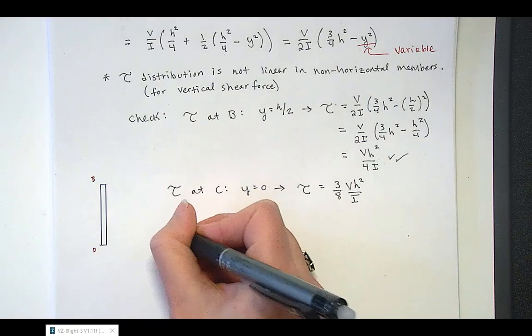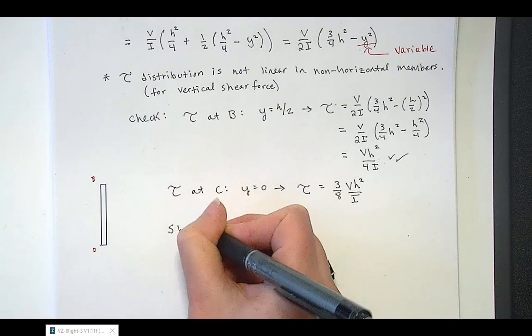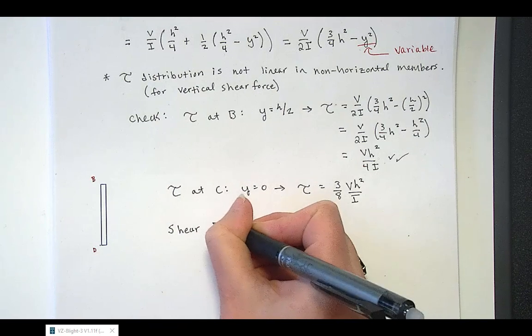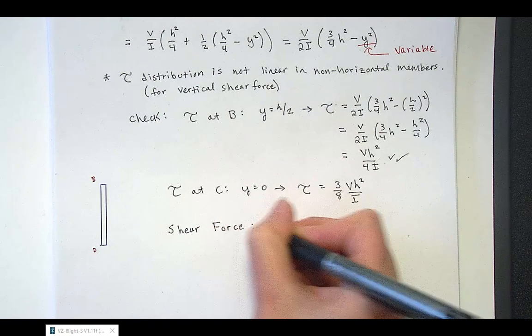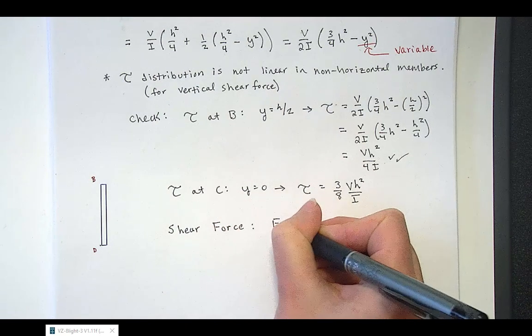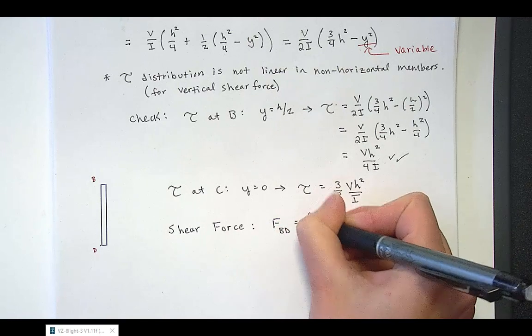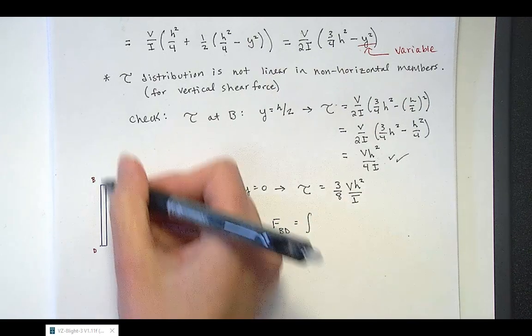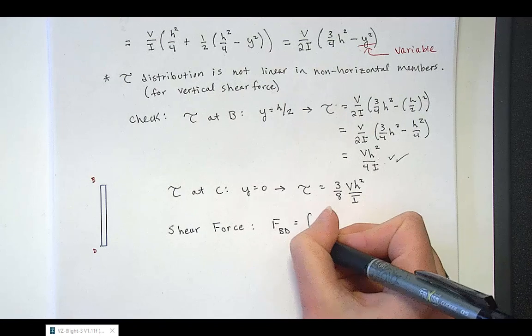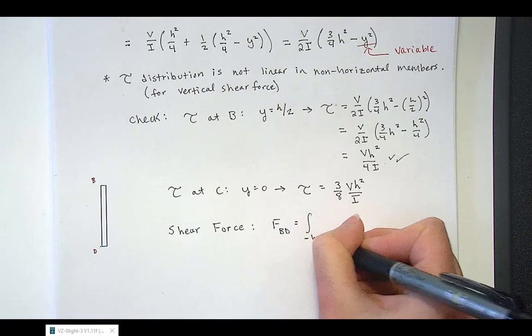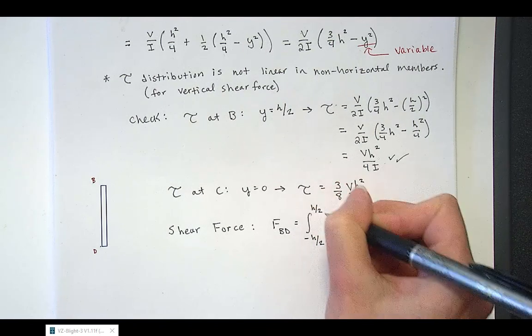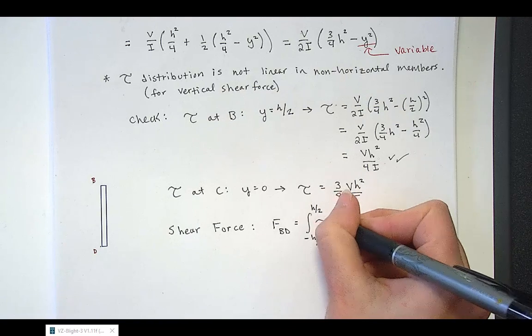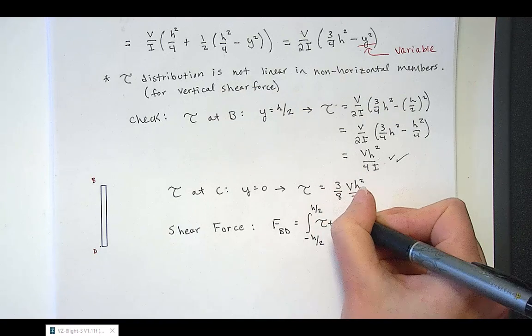And we can now find the shear force on BD. So we'll integrate along the entire length of the segment, from negative h over 2 to positive h over 2, times the shear stress and thickness dy.